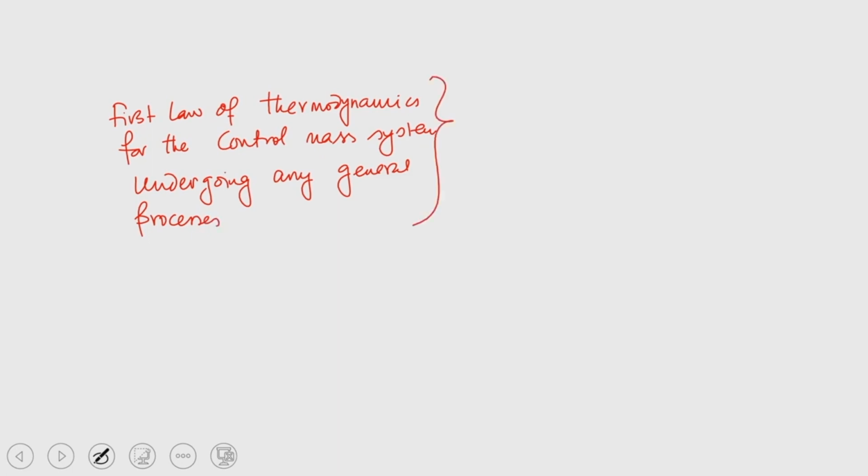This is what we have seen from the last slide, that is delta Q equal to dE plus delta W, right. Now here E is the total energy.